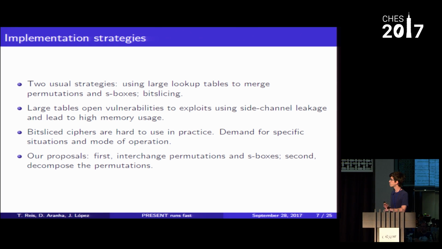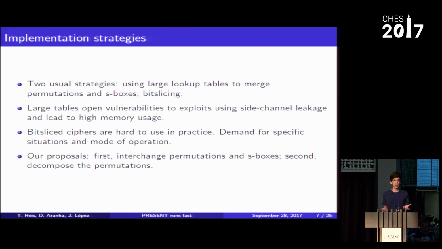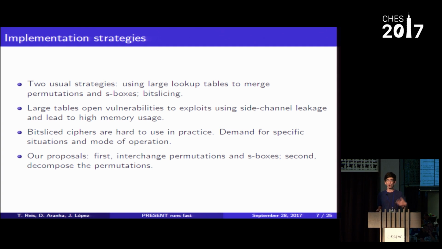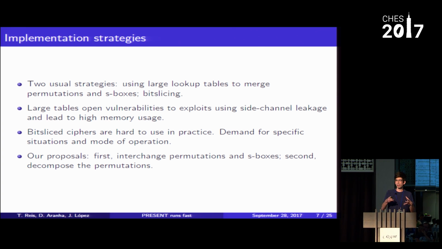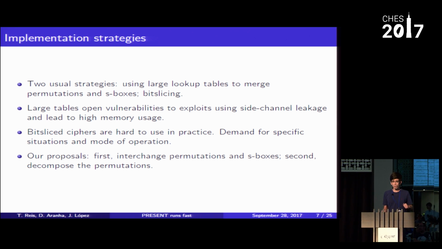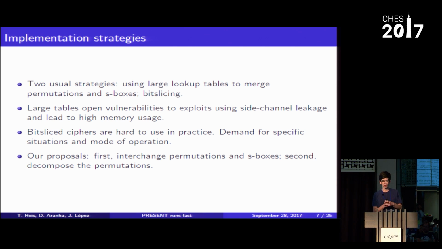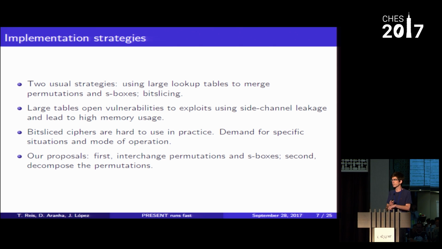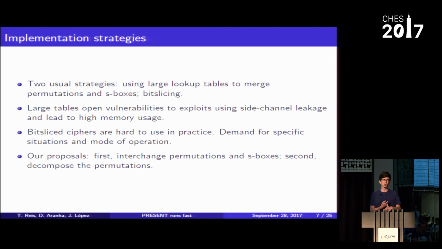The first one is by using large lookup tables, maybe to perform several lookups to the S-box at once, or maybe to merge a part of the S-box with the permutation and then to simplify the permutation afterwards. Or another totally different way is by bit slicing. This first strategy is not very good when you regard side channel attacks, for example, or in processors where you have cache memory, because you are using very large tables.